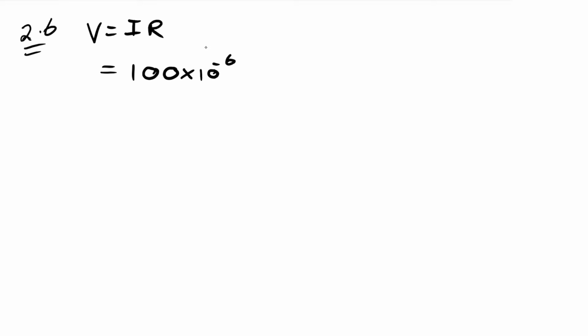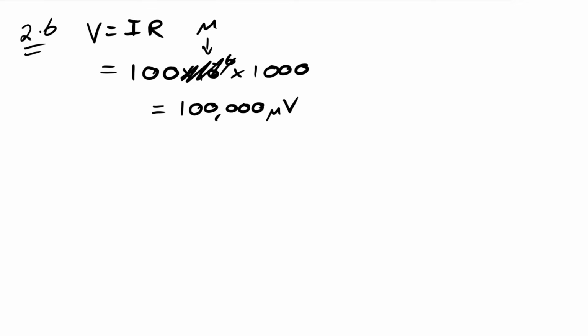Because we're given our answer in microvolts, we can just forget the micro and remember that it's microamps, so it cancels out in the end. Times that by 1000 ohms, and that gives us 100,000 microvolts, or 1 times 10 to the 5 microvolts. Full scale deflection just means going all the way to the end of the scale.